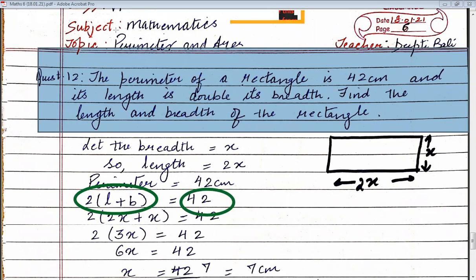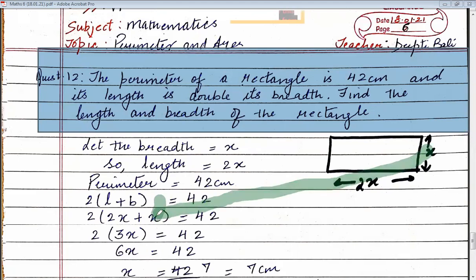Now, whatever we are given in this question, we will substitute. Now children, we know the value of breadth? No, it is unknown. We only know that it is x. So instead of breadth, put x, and instead of length, you will put 2x. So now your equation becomes twice (2x plus x) is equal to 42.